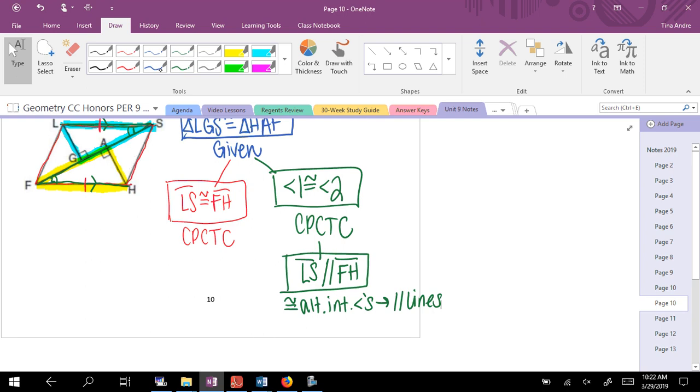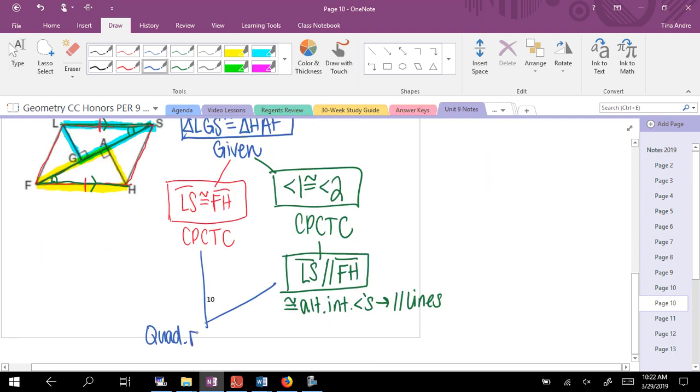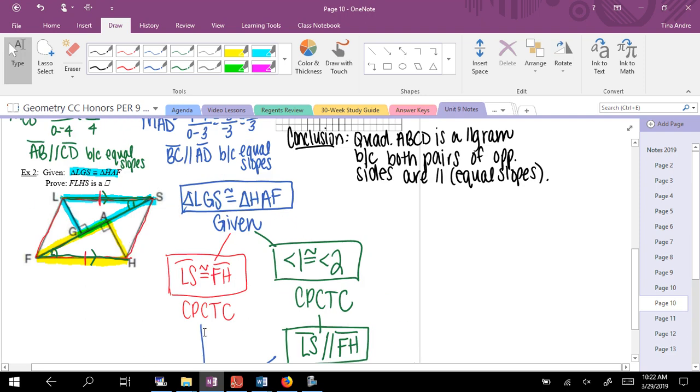I can finalize this. I can say that quad, I'm just going to go up top here for the ordering, FLHS. So FL, now that I'm reading that, that's actually labeled wrong. It should be FL, this should be HS, or we should change that letter. So just make that change.